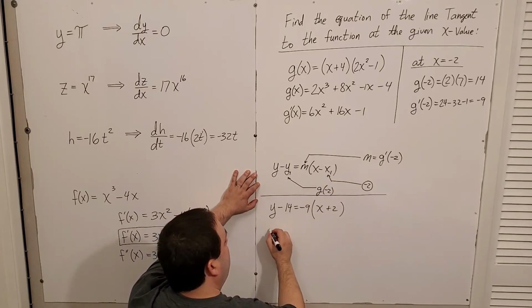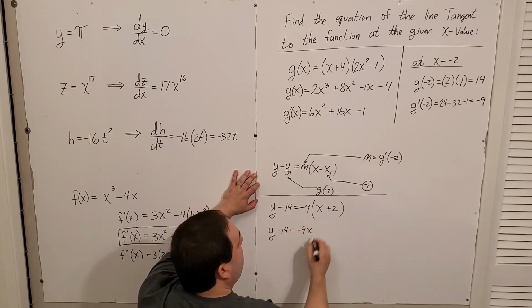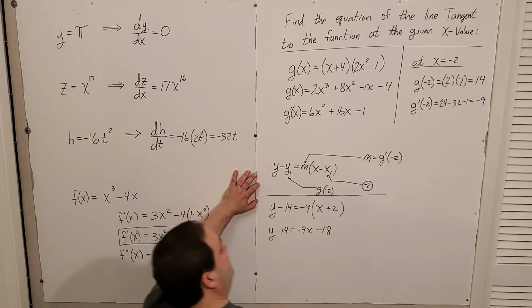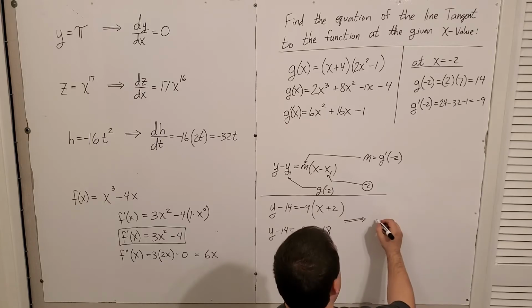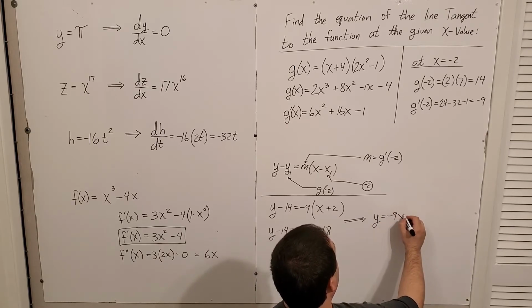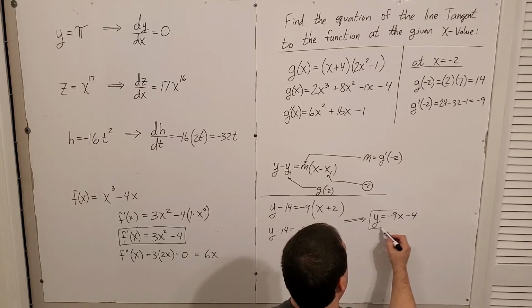All right, so that's y minus 14 equals negative 9x minus 18. Add 14 to both sides, and the result is y equals negative 9x minus 4. Okay?